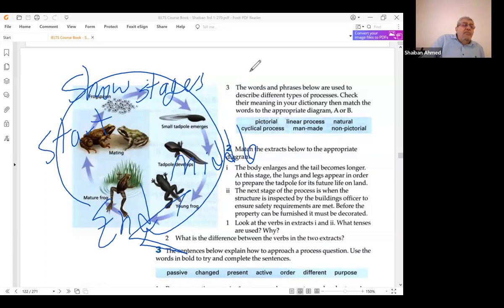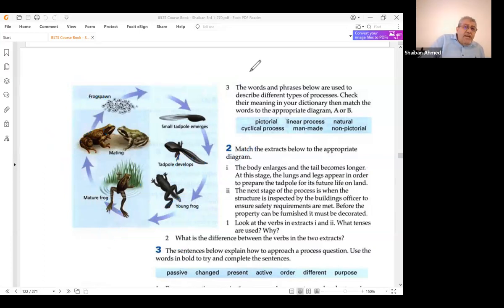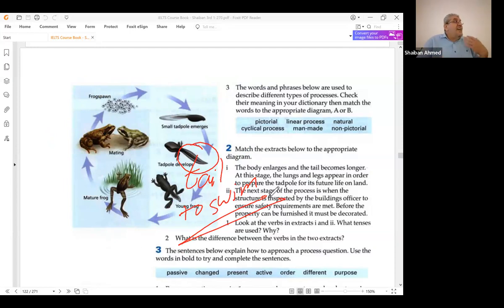Also, you have to show topic development. We said topic development is to show purposes or results. For example, the tadpole here develops a tail. We say what? To swim. So when you say to swim or to enable the animal to move in the water, this is topic development, either by showing purpose or result.